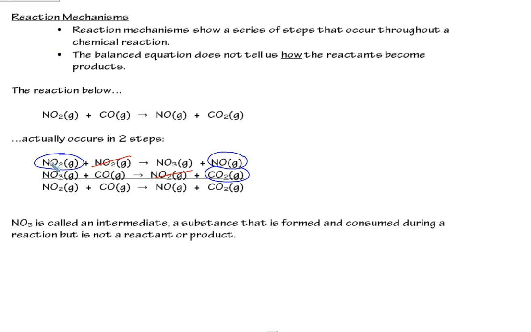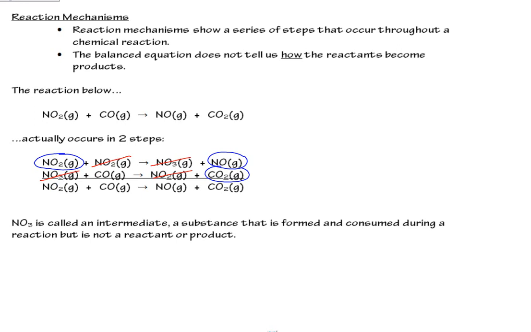Now look at this other goofball, NO3. Do you see how it's formed in the first step, but then the second step reacts it, we consume it? We can cancel that. I form NO3, but then I use it up in the second step. So it's not going to show in my final equation.